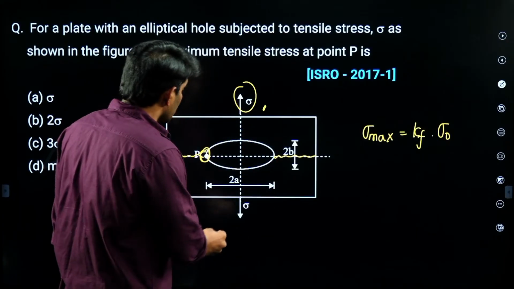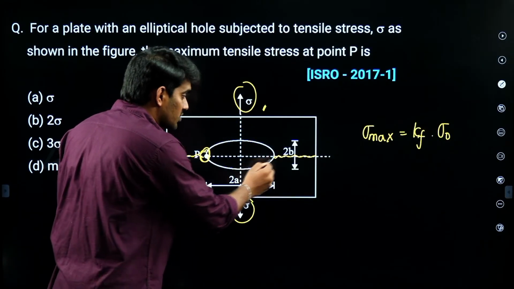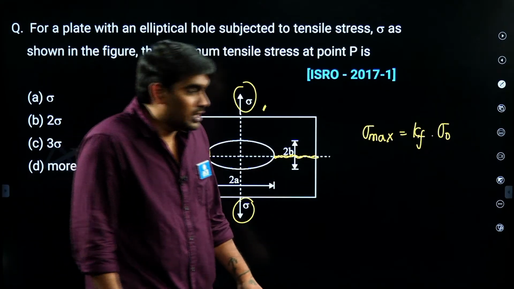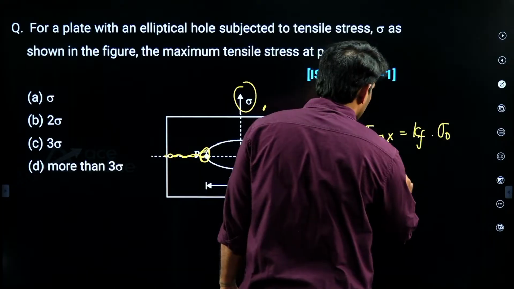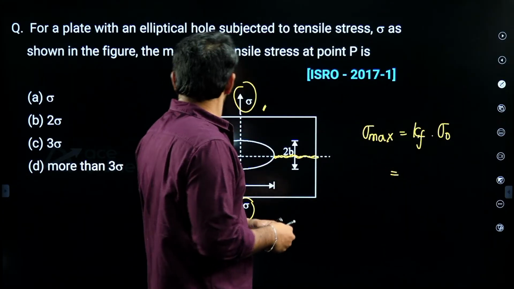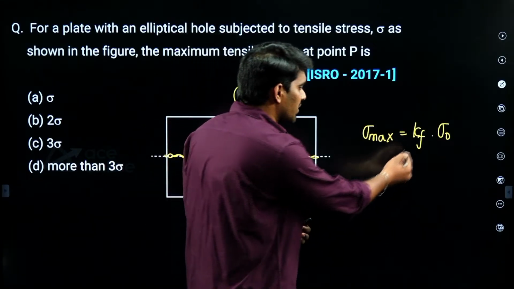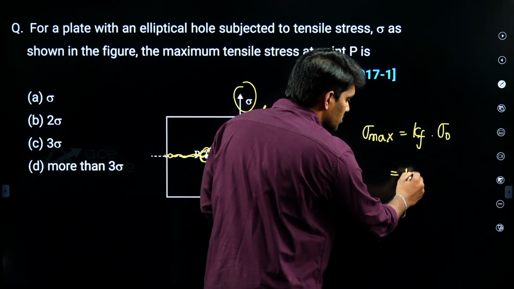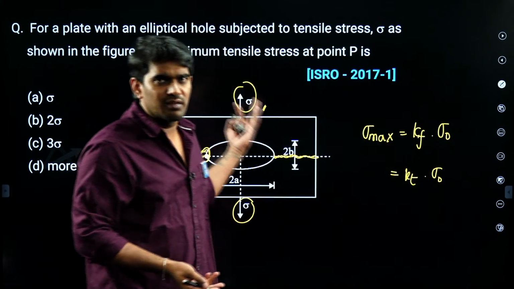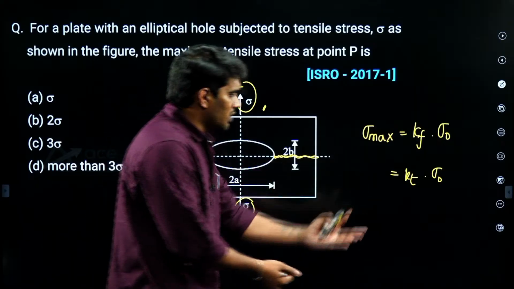If he is considering sigma to be the stress at the minimum cross section, then let me find the value of Kt here. Nothing is given regarding notch sensitivity, so we are writing it as Kt.